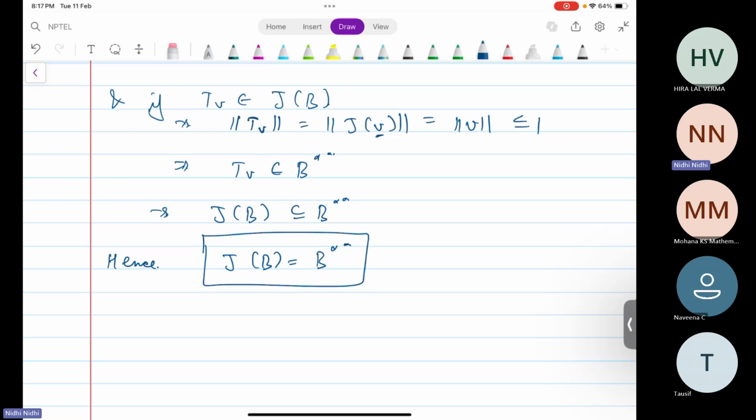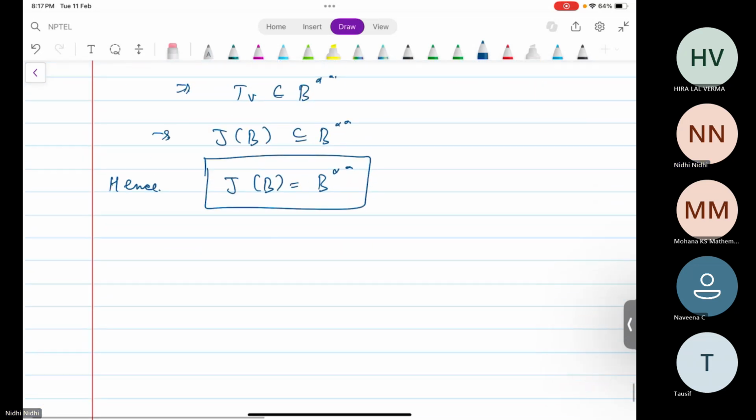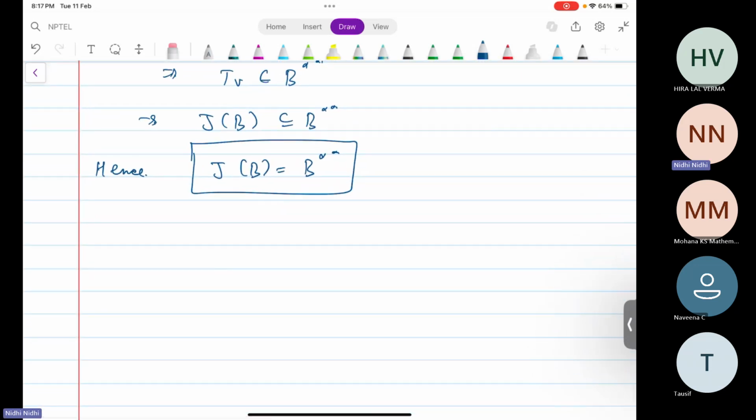Now we had to show that this J is actually surjective. That means for any element F in V star star, I can find some vector V in V such that J of V is equal to that F. I will use the fact that JB is equal to B star star to prove this. Now let F belonging to V star star be arbitrary.